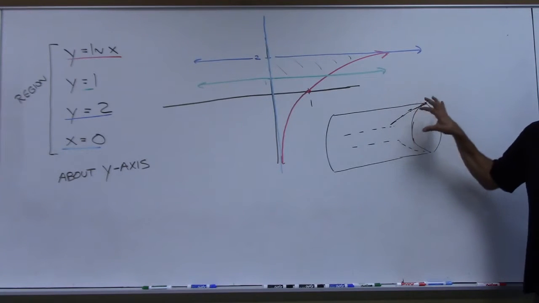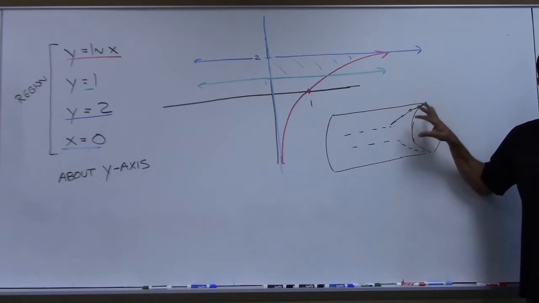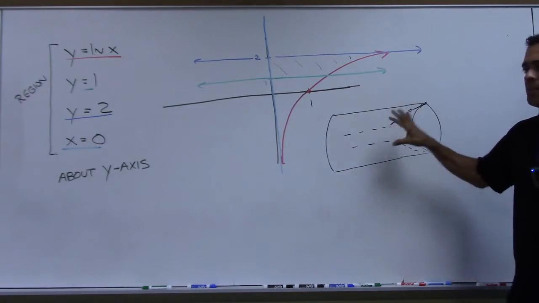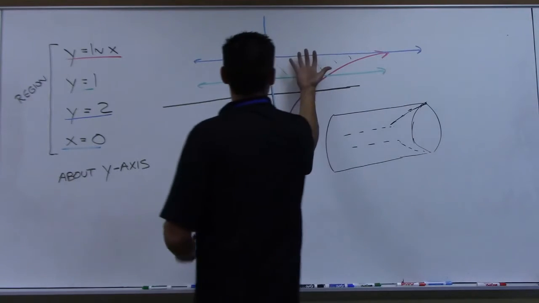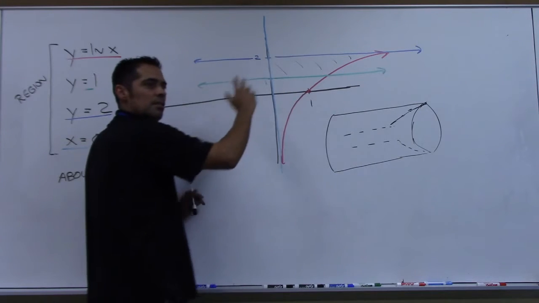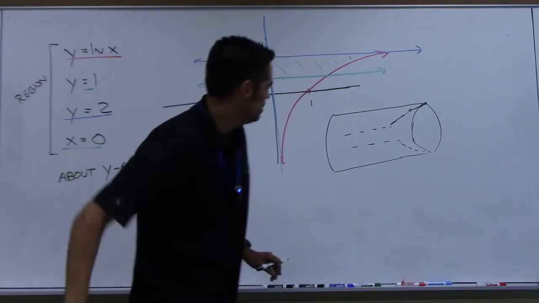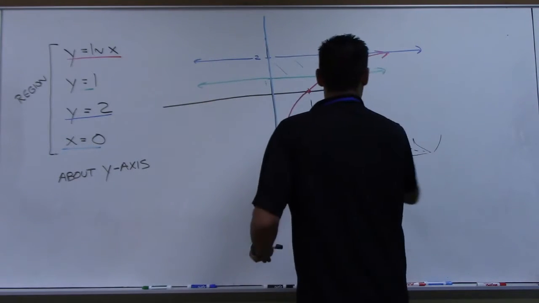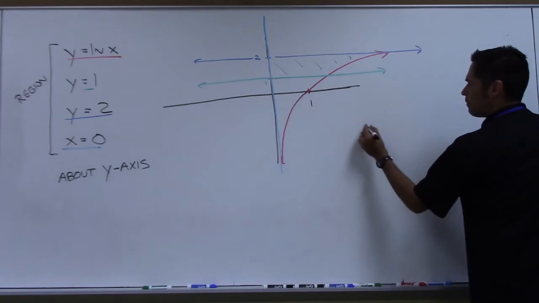Now, that has a volume, right? That's not the same as the solid I get when I rotate this region around the y-axis, is it? Around the y-axis, do I have a hole in the center of it? No. So around the y-axis, it's going to look more like this.